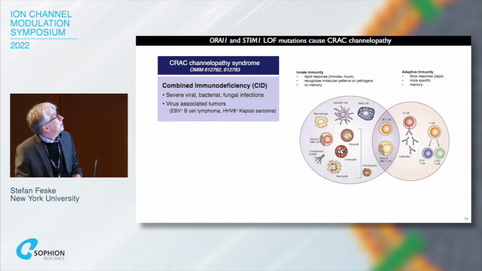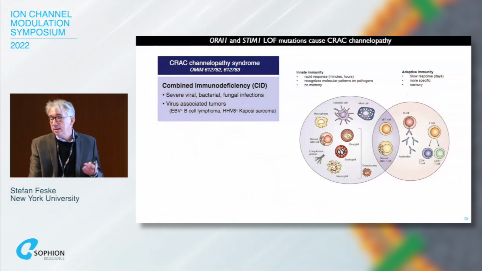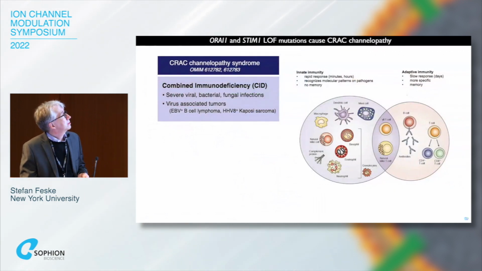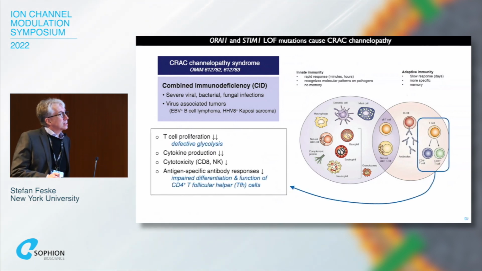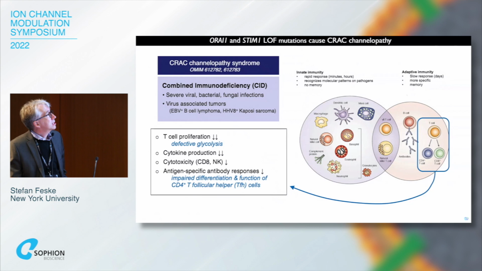But as I said, the main phenotype in these patients is the immunodeficiency and the bacterial infections that they get. And over the last 15 years or so, we worked this out and we looked at different types of immune cells and different T cell subsets. And what we think is that the main reason for the immunodeficiency is the T cell defect in these patients and the role of CRAC channels in T cells.